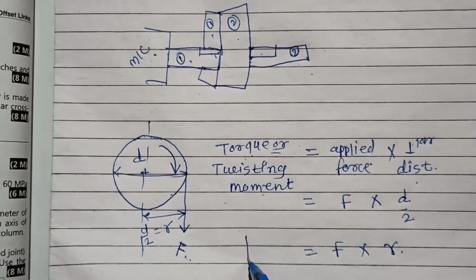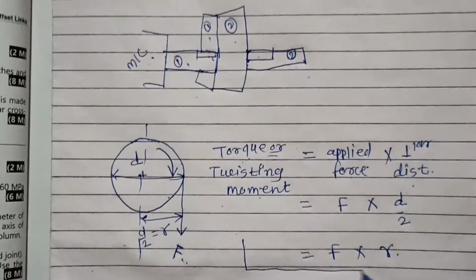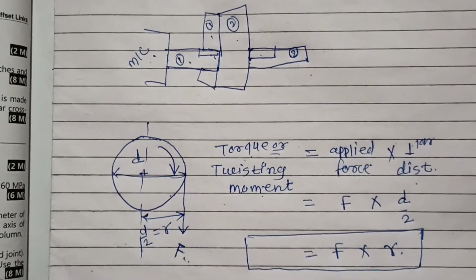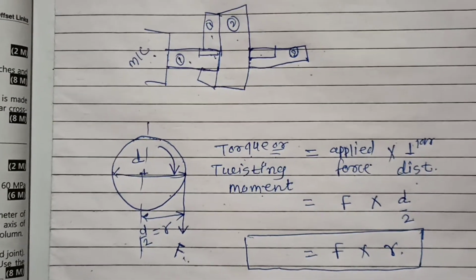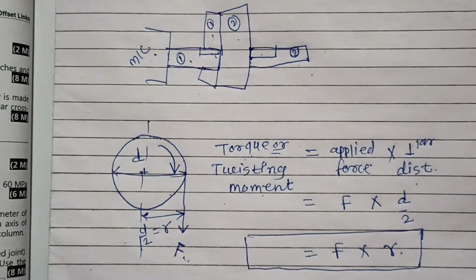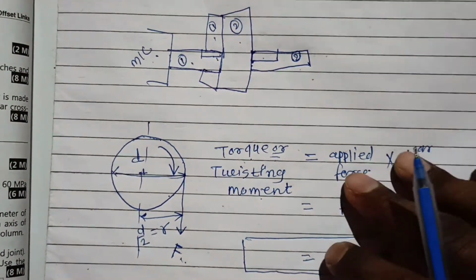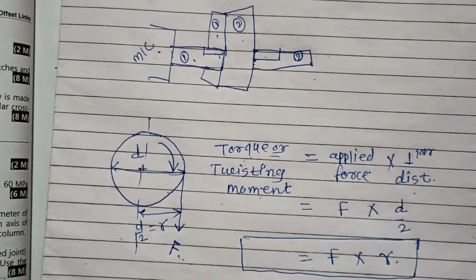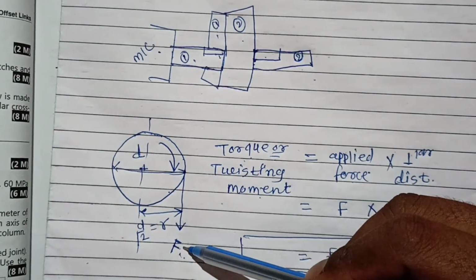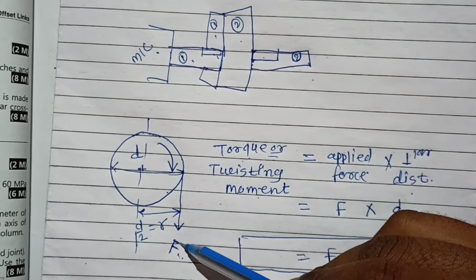This much torque or twisting moment is applied on the circular shaft at the time of rotation. Now listen once again. At the time of rotation, F amount of force acts on this circular shaft.